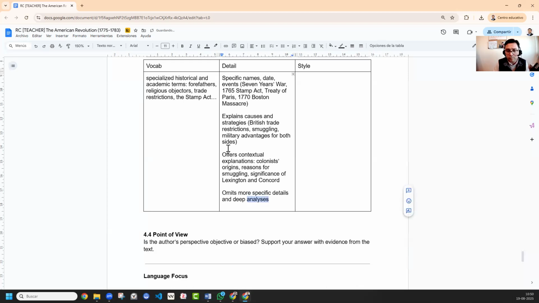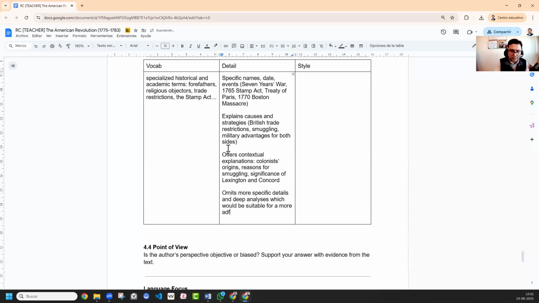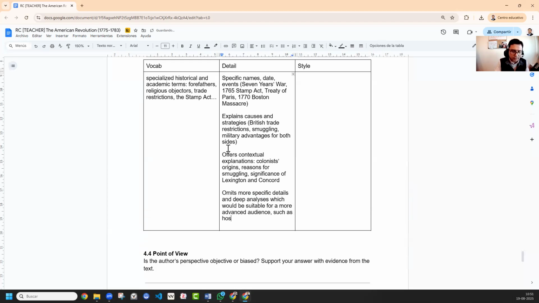So that's the plural of analysis. Analyses, which would be suitable for a more advanced audience, such as history majors. So majors are undergraduate students.